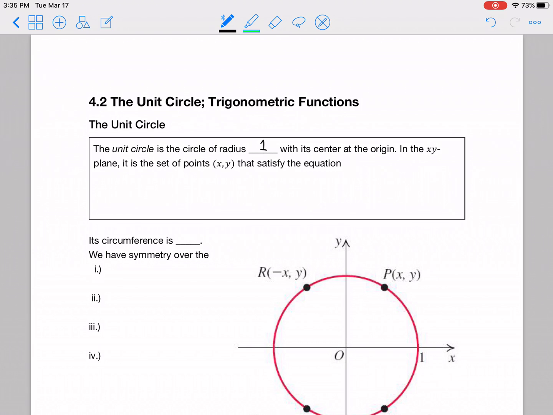And it's going to be the set of points x and y that satisfy the equation x squared plus y squared equals 1. And so if you think about the distance formula, it is x squared plus y squared equals z squared, right? Or the Pythagorean theorem for triangles.